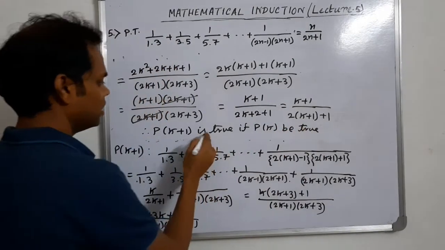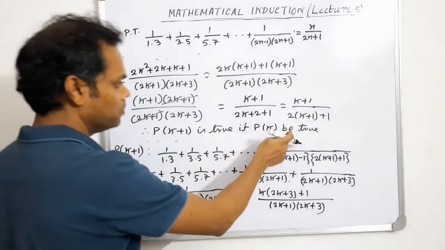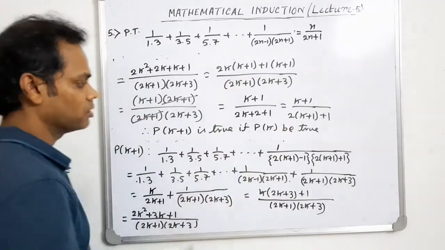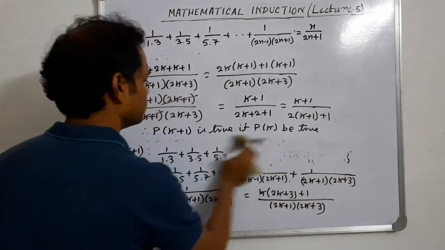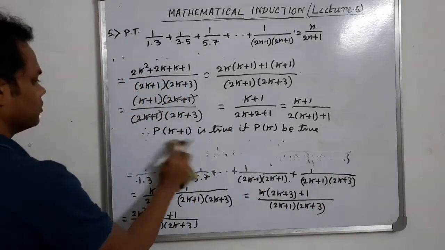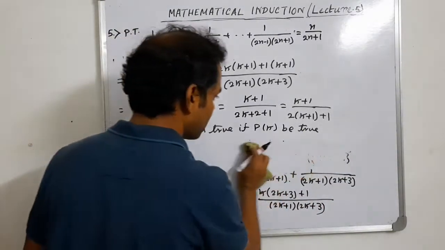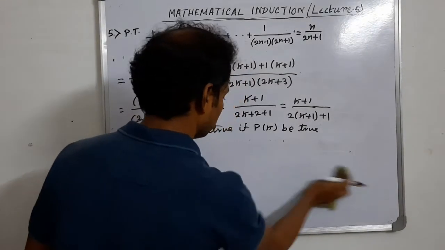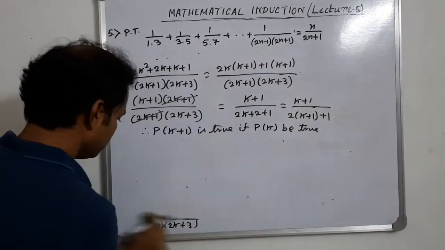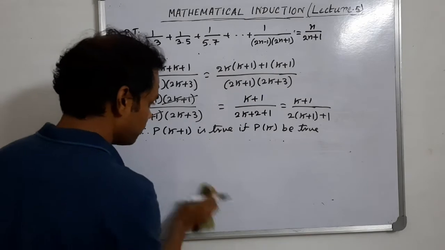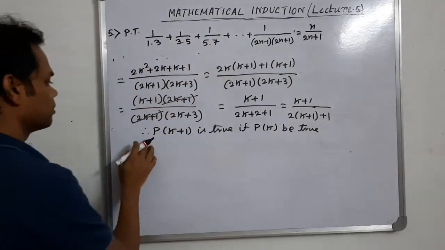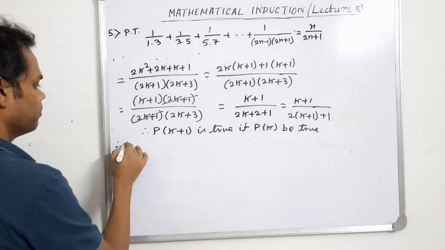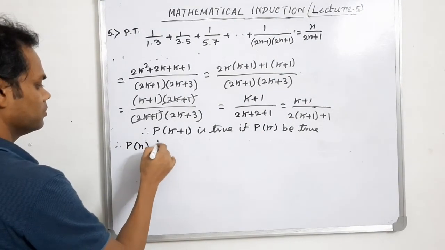Mind it, there is 'be' and there is 'is'. 'Be' means assumption and 'is' means proving part. This is our mathematical grammar. We use 'be' in the place of assumption and 'is' in the place of proving something. Therefore Pn is true.